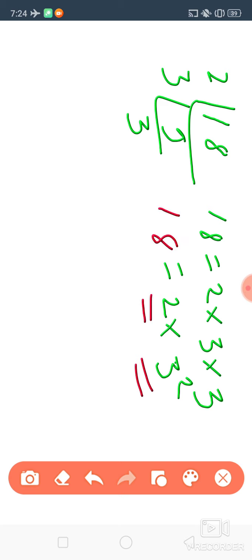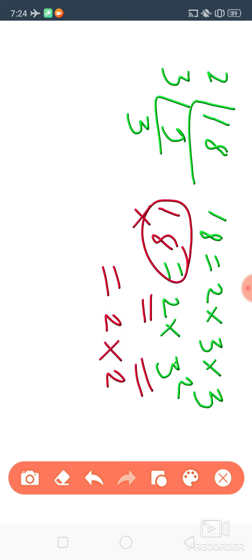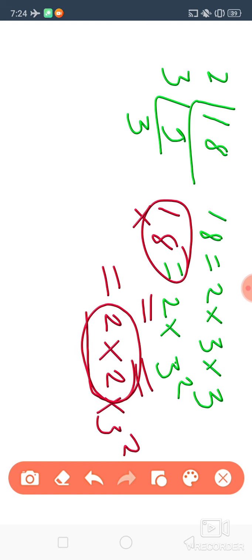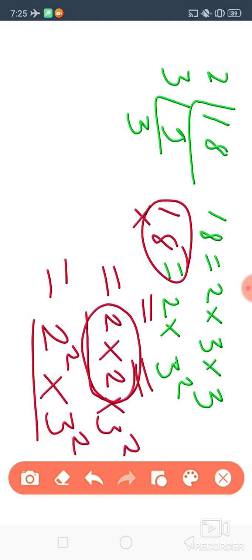So 18 is not a perfect square. But if we multiply by one extra 2, then we get 2 square, and it will become a perfect square.